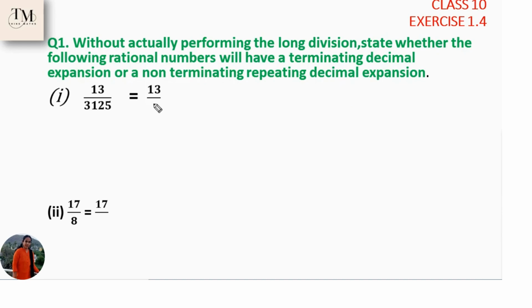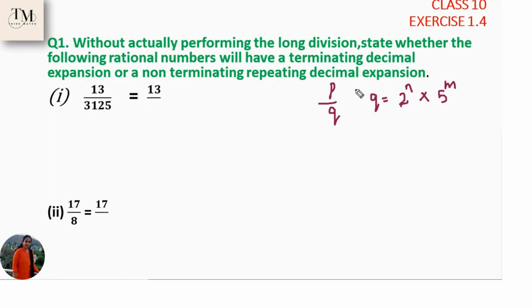Already in theorems 1.5, 1.6, 1.7 we have discussed that in p by q, if q is of the form 2 power n into 5 power m, then we can say that the decimal expansion terminates.